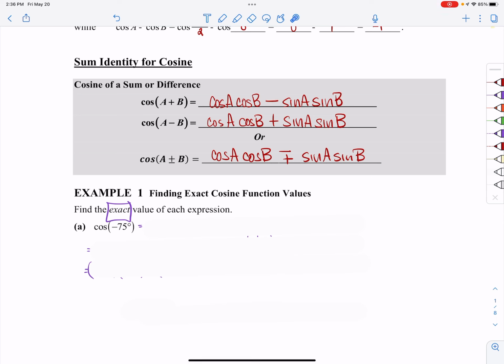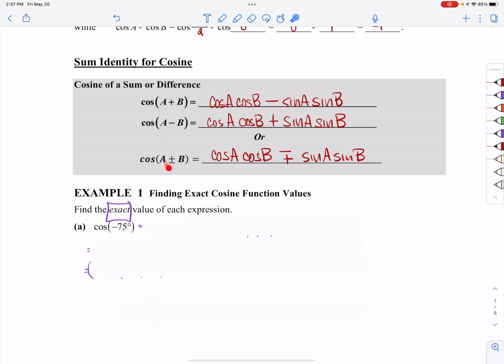Now, normally I don't write this in two separate lines. When I give you a formula sheet for this, I only write the single line view, so let me point that out. You've got cosine of either angle A plus or minus angle B. This is going to be cosine A cosine B minus or plus.